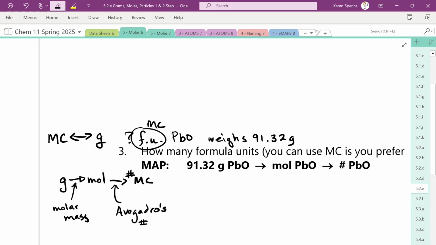And then moles to the number of molecules. So you want to count some moles. Multiply the number. Right, so that's just where you can go. And what conversion factor gets you there?